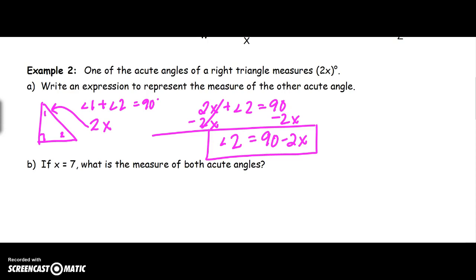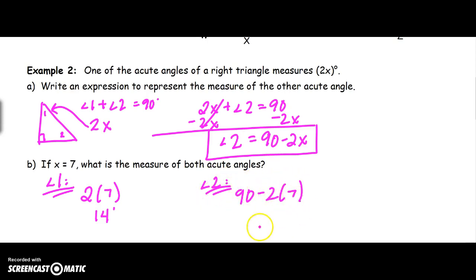So if x is 7, we know one angle is 2x, so angle 1 is 2 times 7, or 14. Then to find angle 2, we would do 90 minus 2x, or 90 minus 14, which gives you 76. So angle 1 in this example is 14 degrees, and angle 2 is 76.